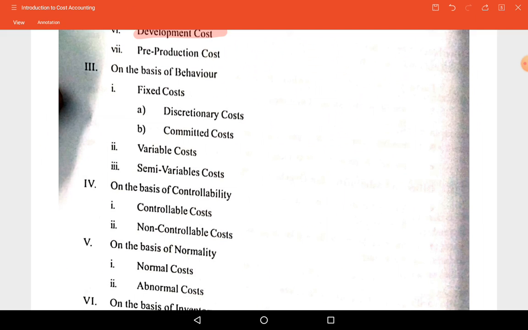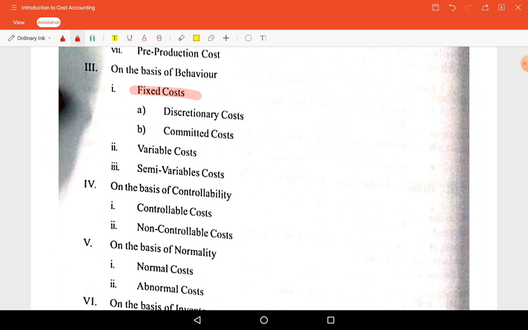And based on behavior, cost has been classified as fixed cost, variable cost, and semi-variable cost. These also were already discussed. On the basis of controllability: controllable cost and non-controllable cost.